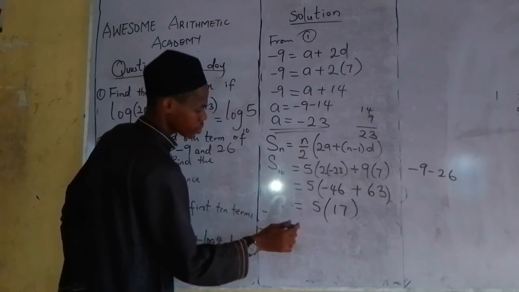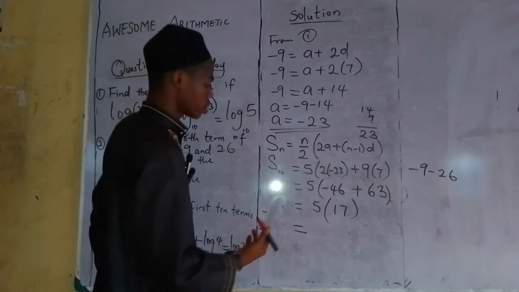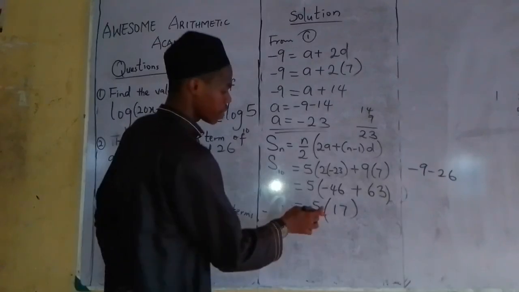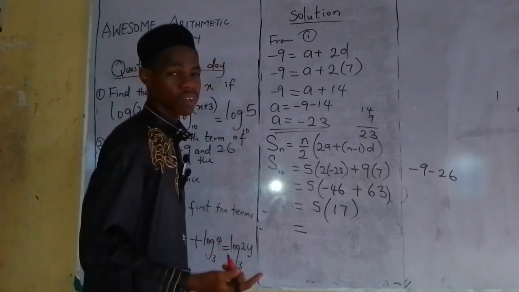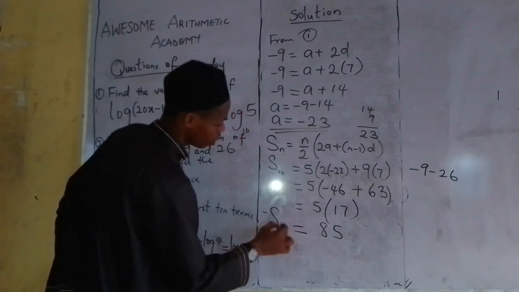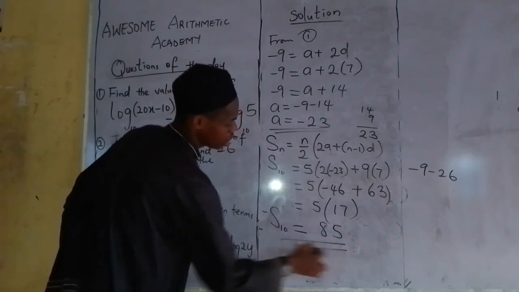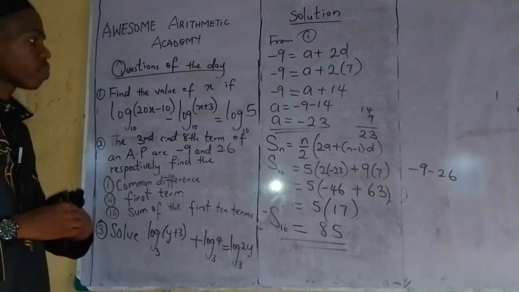So now 5 multiplied by 17 will be 5 times 10, which is 50. 5 times 7, 35. 50 plus 35, 85. So hence S10 is 85. I hope that's clear enough.